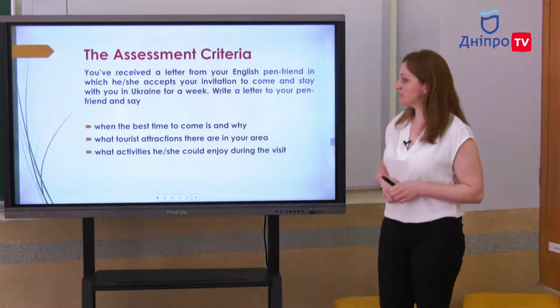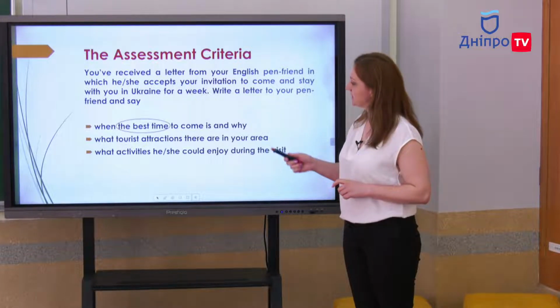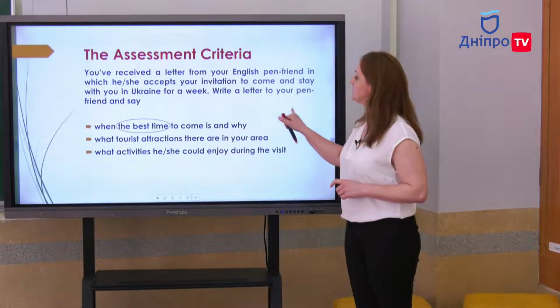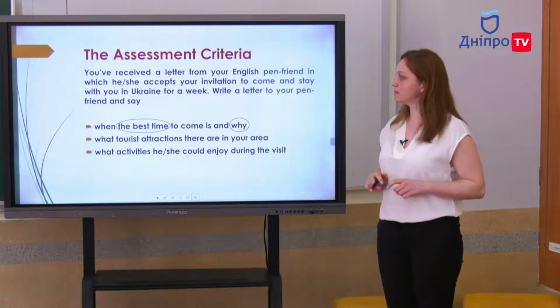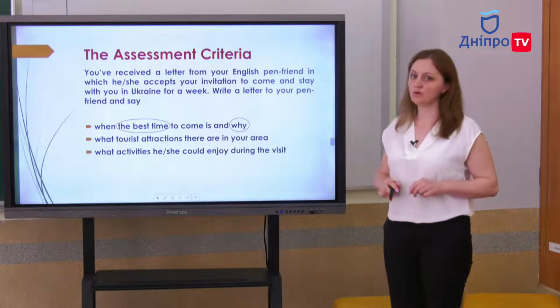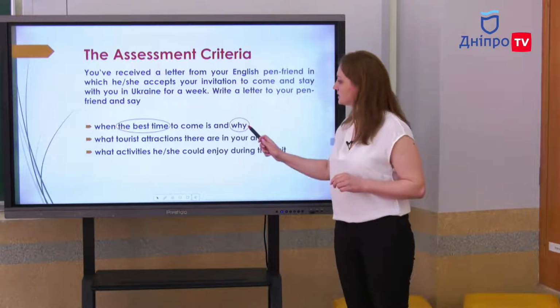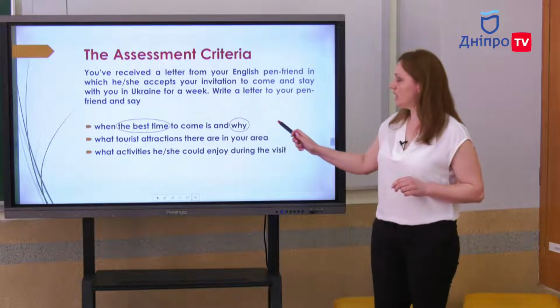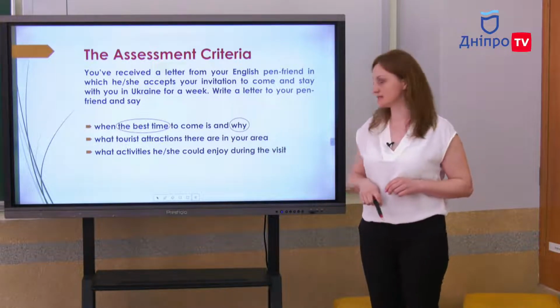In the first situation, you are supposed to write about the best time and why this time is good. So to get 2 points, you of course need to mention this time and give at least 2 reasons why your friend should come at this time.